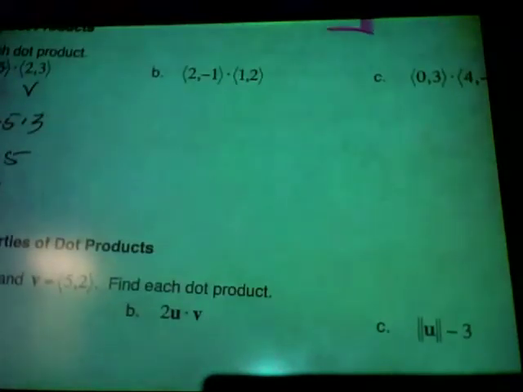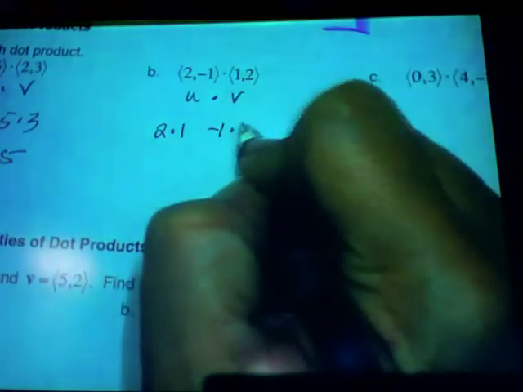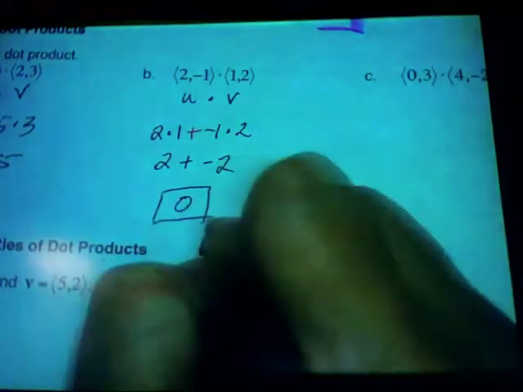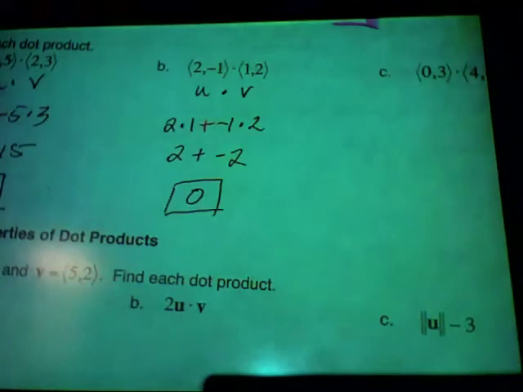All right, so then look at B. Go ahead and try that on your own. Now you have a negative this time, so focus on the sign too. Did you get 0?